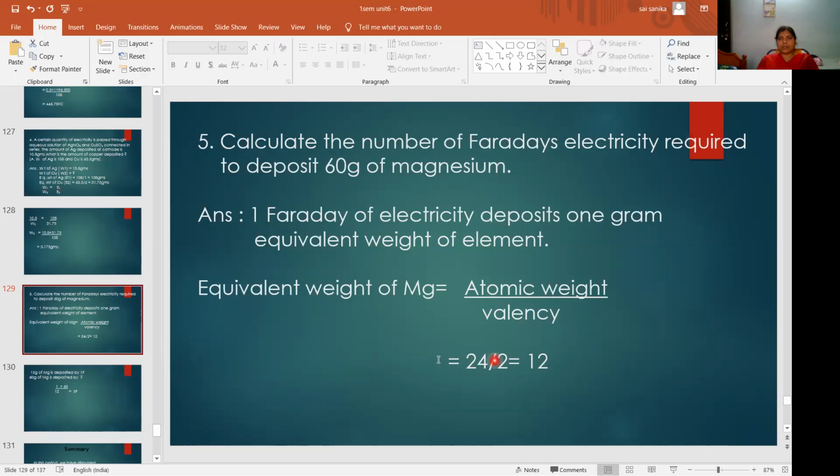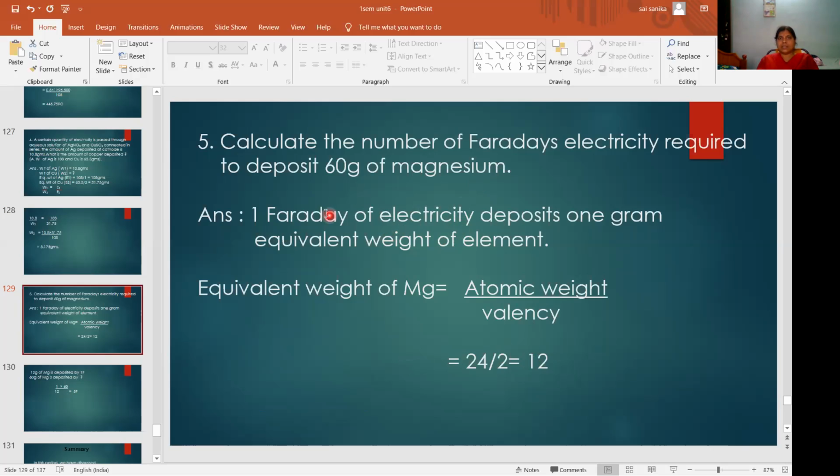The equivalent weight of an atom is calculated by atomic weight by valency. So its equivalent weight is 12. So when you pass 1 Faraday of electricity, this much grams of magnesium deposits. So to deposit 60 grams of magnesium, how many Faradays of electricity are required, he is asking.